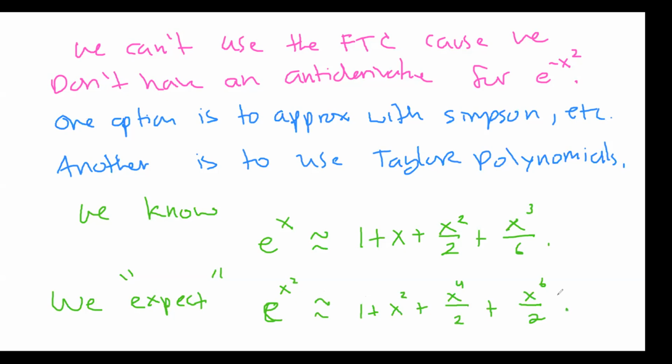Does that make sense? If e to the x is equal to something, then if I plug something into e, it should be approximately equal to what happens when I plug it into the other something.